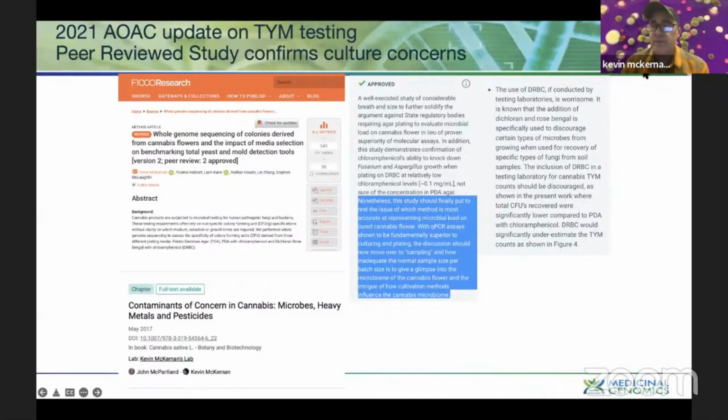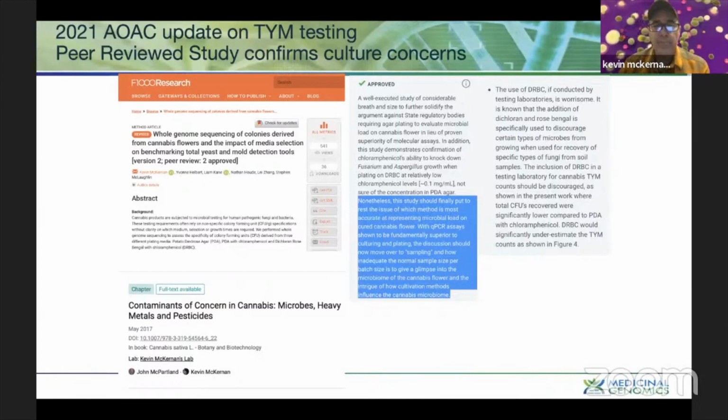They chose this purple one that's behind me, known as DRBC, and that's been published in the literature to not grow as many fungi because it's got 3 different selective agents on it. It's got chloramphenicol, it's got dichloran on it, and a rose bengal thing that all are believed to slow down the growth of yeast and mold. So while they instituted this under the banner of safety for patients, they actually made it more permissive for microbes to move through the Michigan process.